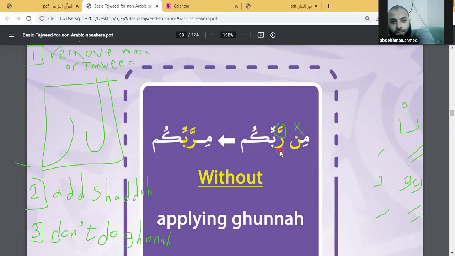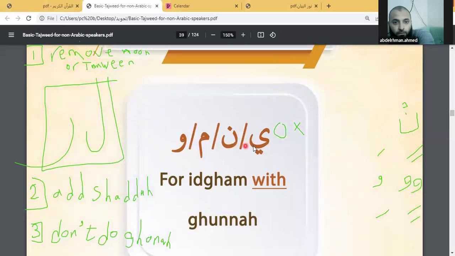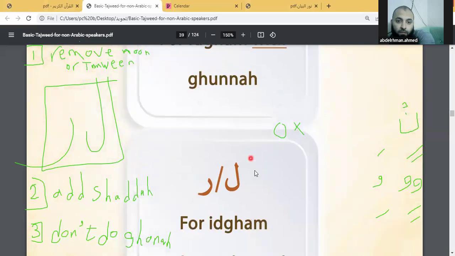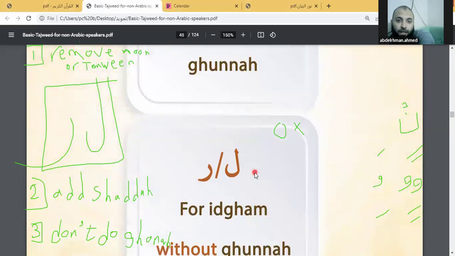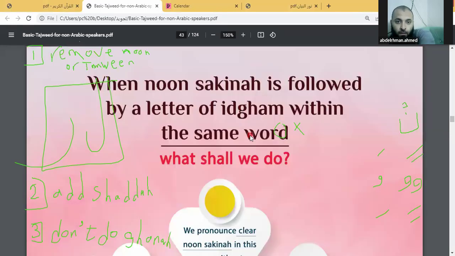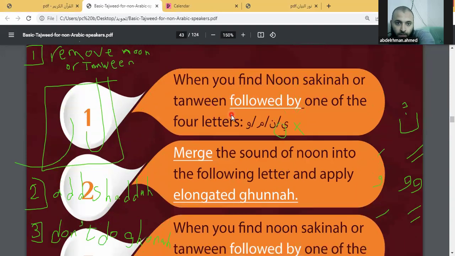Let's check some exercise. So here again, the letters of idgham with ghunnah are ya, noon, mim, waw, yanmu, and for idgham without ghunnah, ra and lam. We studied this in the previous lesson. Here, the conclusion.